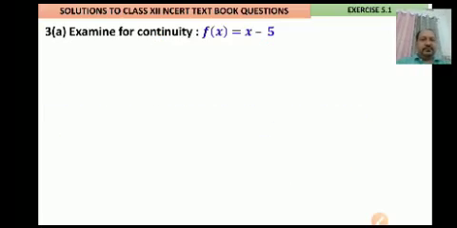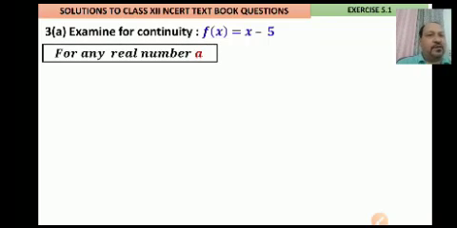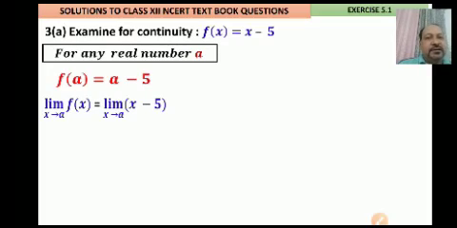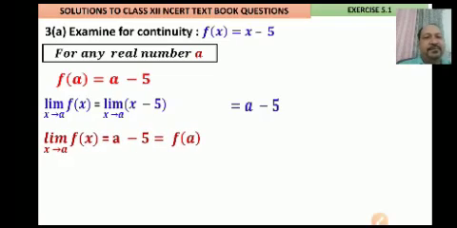The third question, first part of the third question. Examine the continuity of the function f of x equal to x minus 5. For any real number a, f of a equal to a minus 5. The limit x goes to a, f of x equal to limit x goes to a of x minus 5, equal to a minus 5.